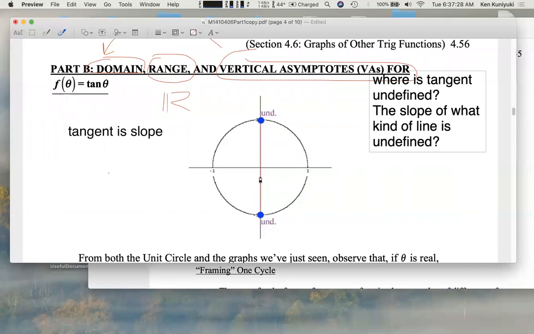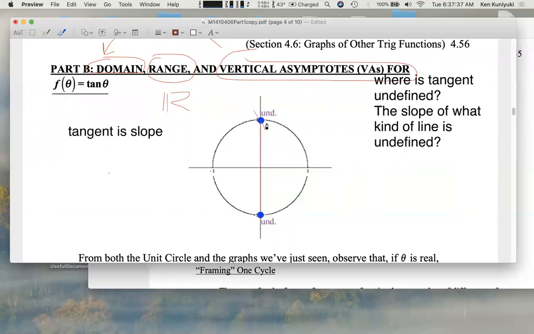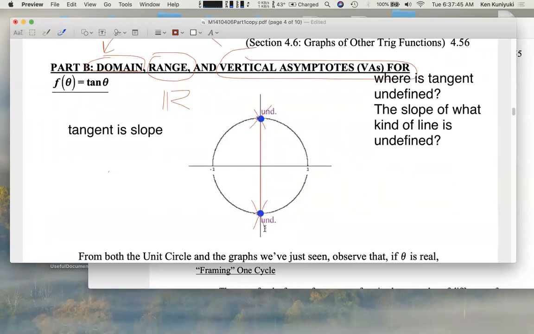The slope of a vertical line is undefined. So imagine this vertical line going through the origin. We're going to have a problem at angles corresponding to the North Pole up here and the South Pole down there. Tangent, slope, is going to have a problem. Tangent will be undefined at the corresponding angles.